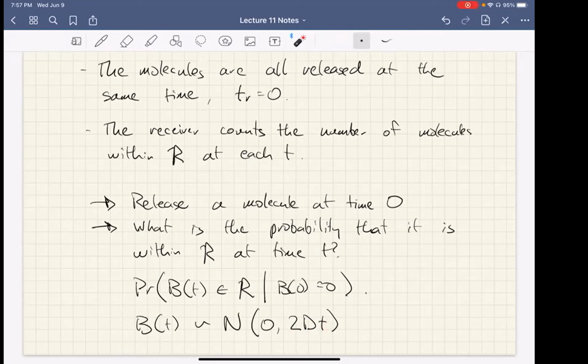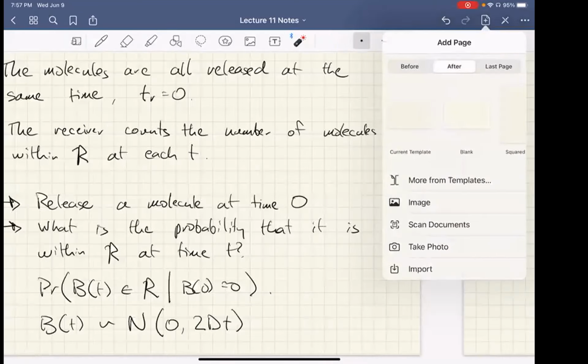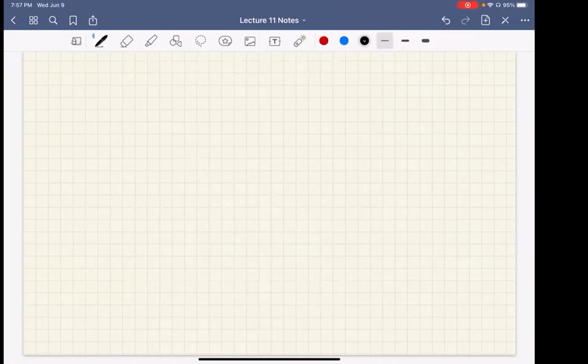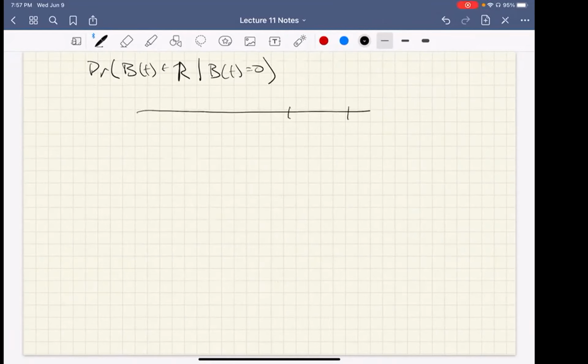So we can say that the probability that the Brownian motion is in the region, given the initial point is 0, that's basically, if you think back to our diagram, from A to B released at 0, then this is the integral from B to A of the probability density function, let me make that more precise, f of B of t, dB of t.